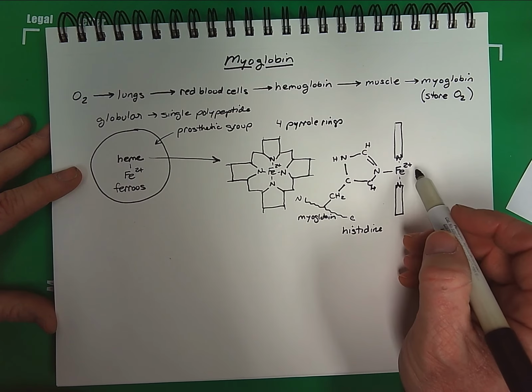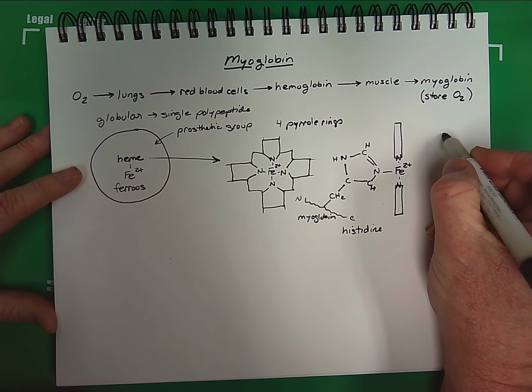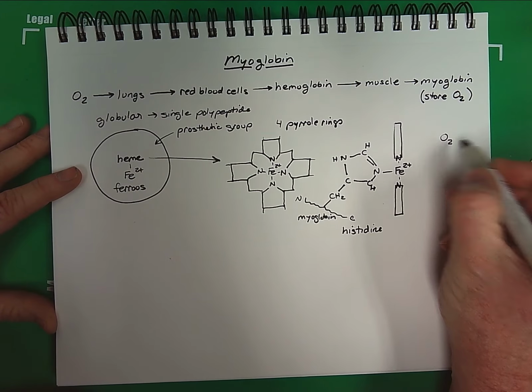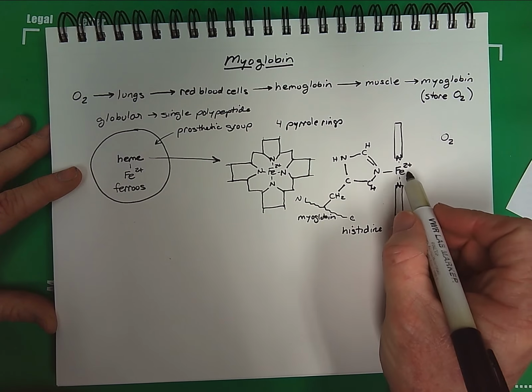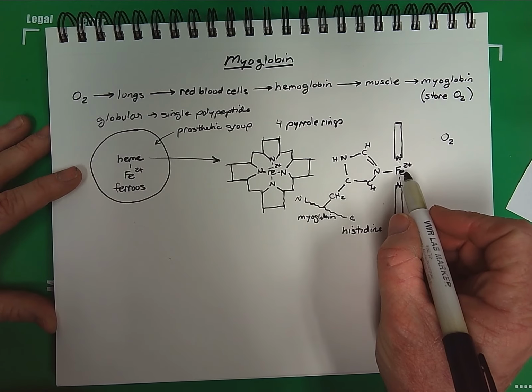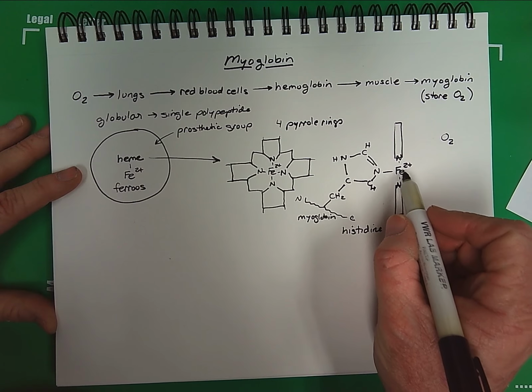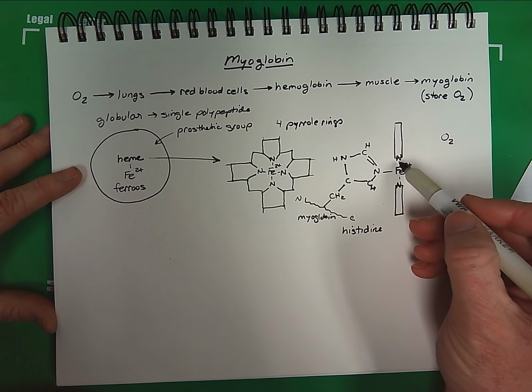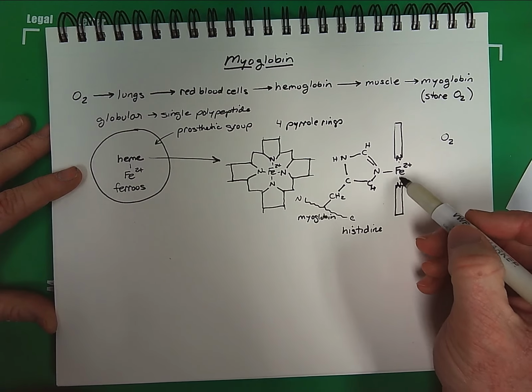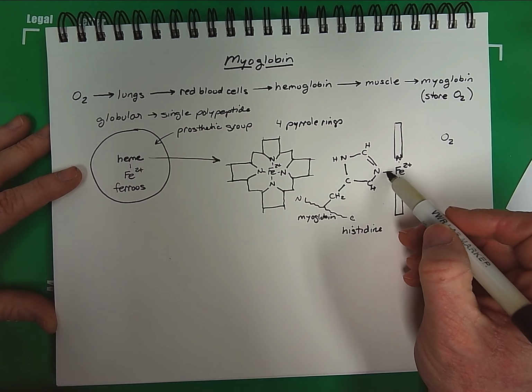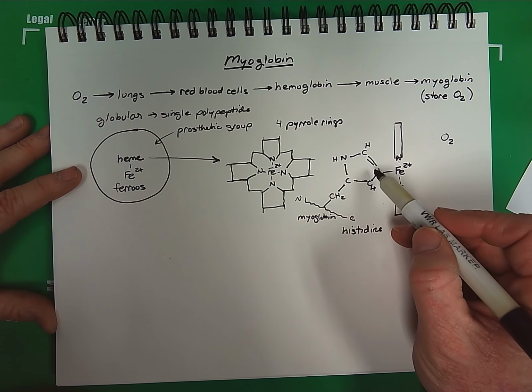Now what we have here is an opportunity for oxygen to form the final and sixth bound substance to iron. So we have 4 binding sites in the pyrrole rings. We have a 5th binding site with the histidine side chain.